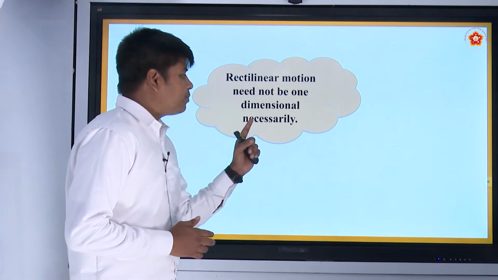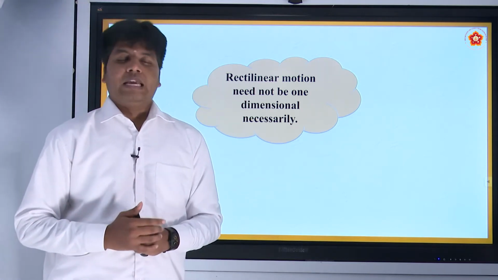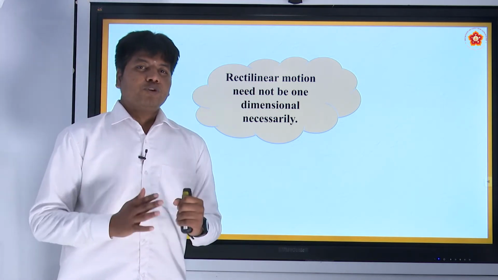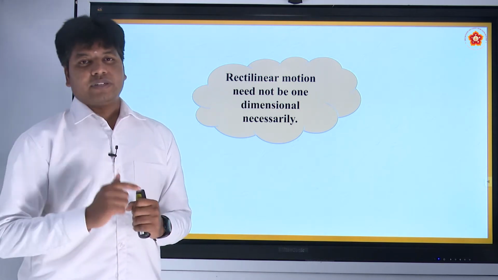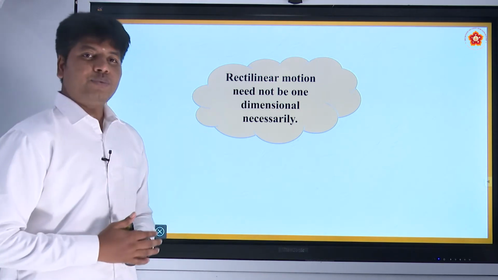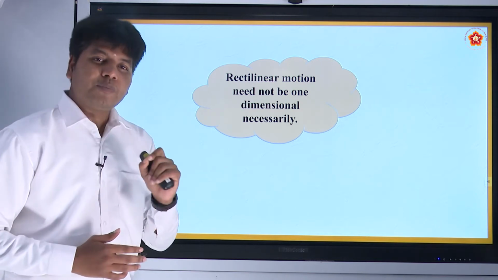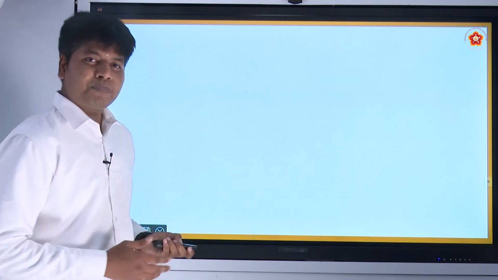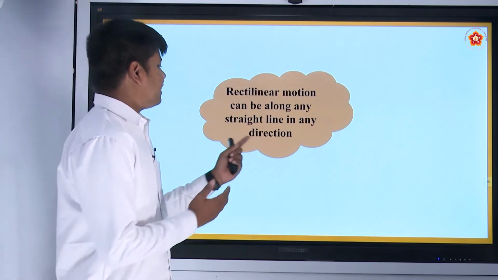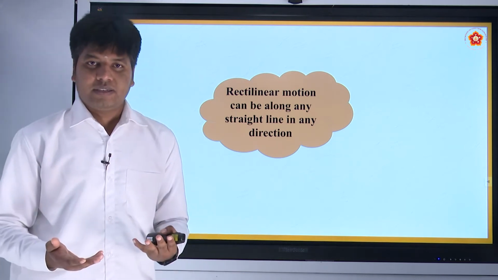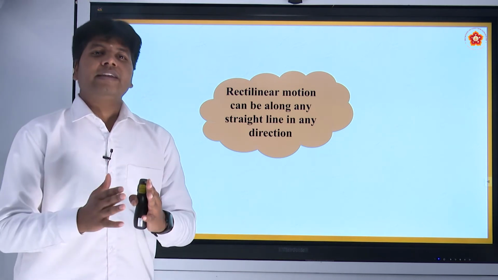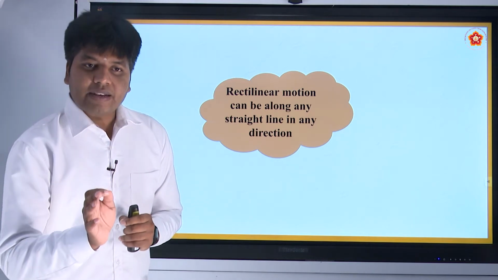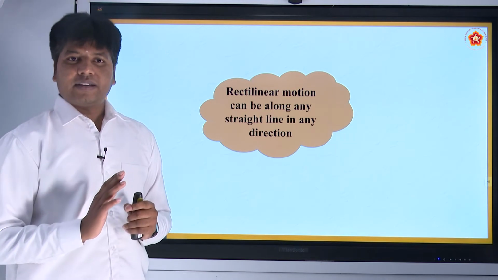Rectilinear motion need not be one-dimensional necessarily. In the last class, at the end of the session, we discussed that motion along a straight line is one-dimensional. But here we are saying rectilinear motion need not be one-dimensional, right? Why? As per our definition, rectilinear motion can be along any straight line in any direction. Motion in a straight line means the object should be progressing in a sequential manner along a straight line, right?